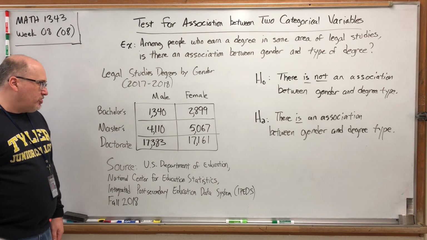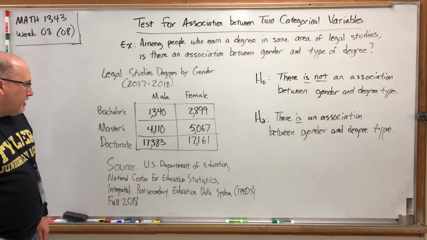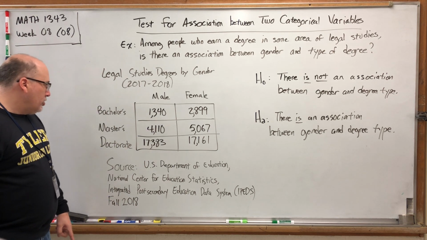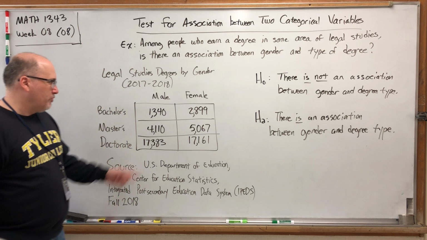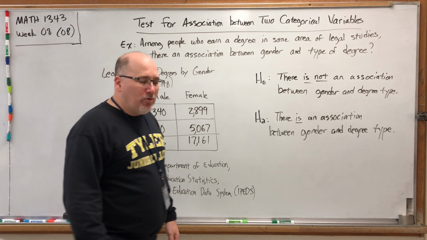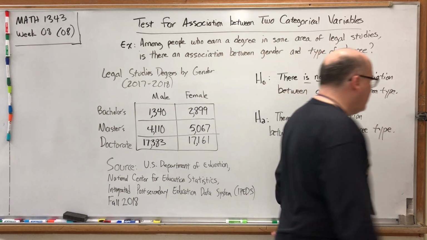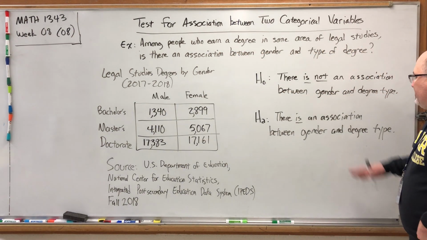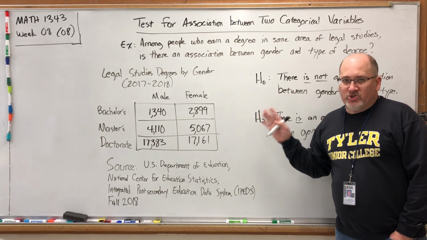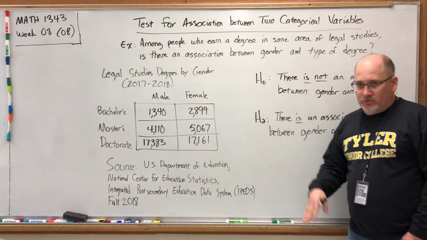But if there were not an association, then you would think that the percent of males who receive a bachelor's degree would be the same as the percent of females who receive a bachelor's degree. In other words, those proportions would be equal if there were not an association. So it's a little stealthy, but saying there is not an association is basically saying that the proportions are the same when we compare one category to another.